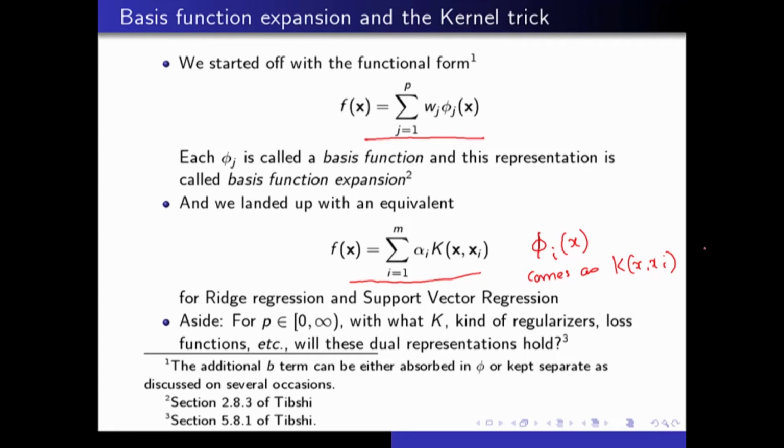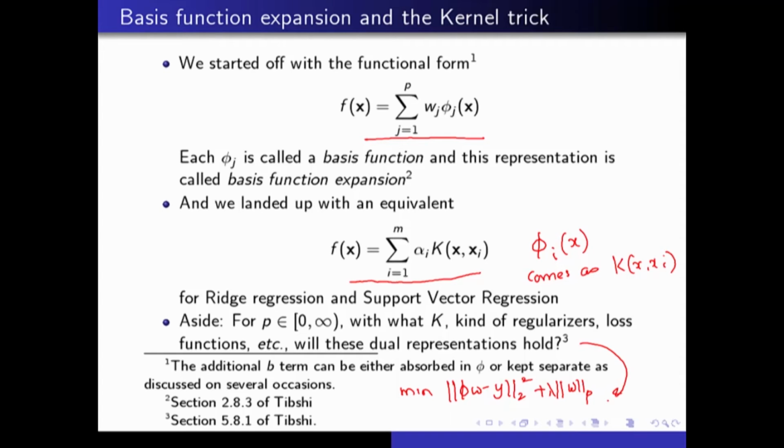The general question is, for what kind of regularizers and loss functions will these dual representations hold? For example, if you consider the penalized regression model, min of the norm of phi w minus y squared plus lambda times some p norm of w.